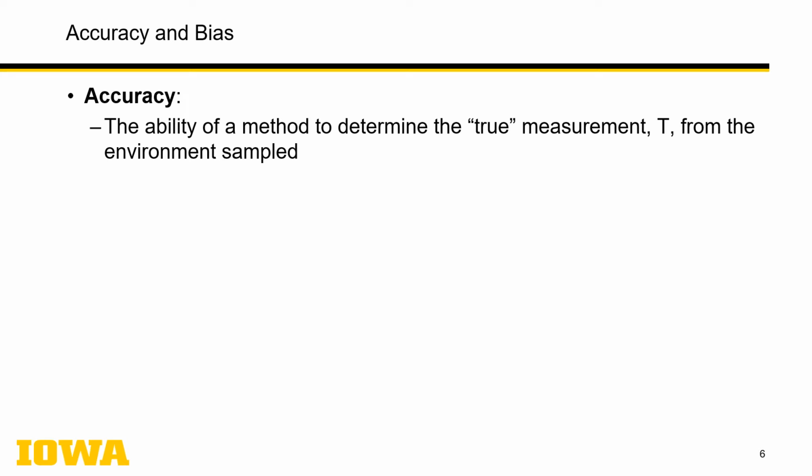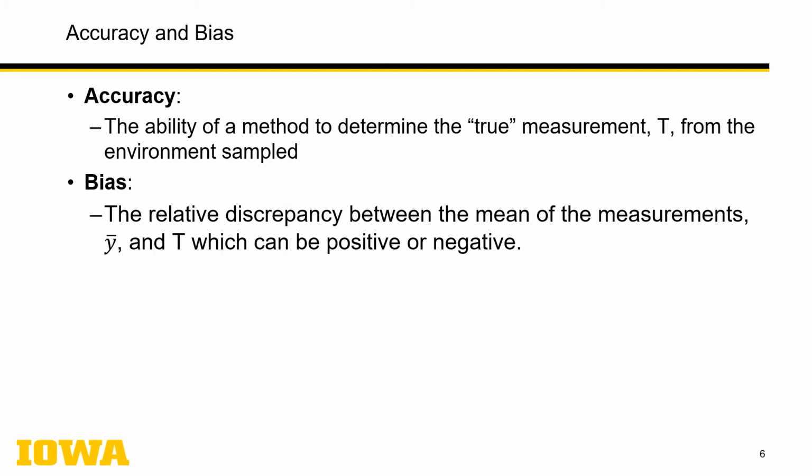So interestingly, we use the concept of bias, which is in a sense the opposite of accuracy. If you are not accurate, then you are biased. And so that's the relative discrepancy between the mean of the measurements, y bar, and this true measurement T, if you know it, which can be positive or negative.